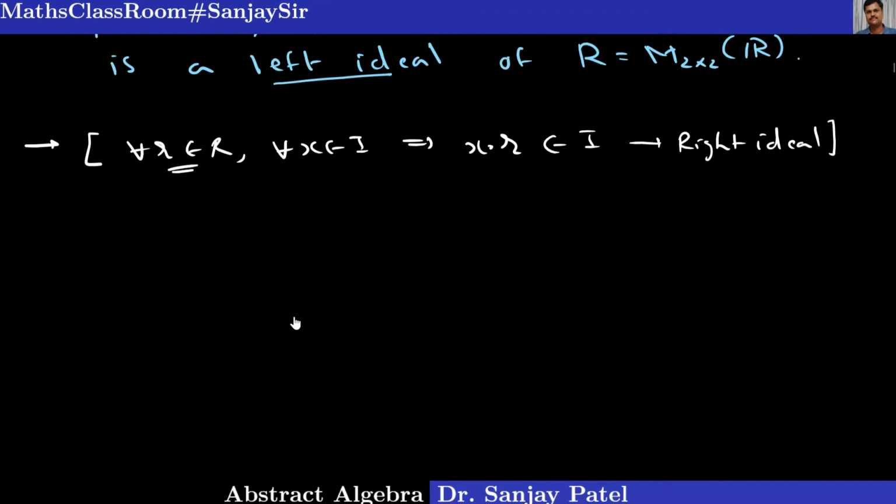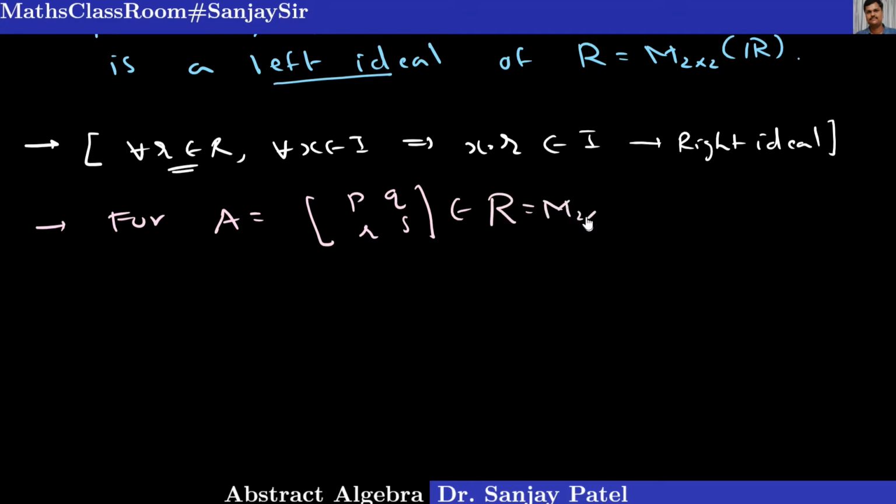So let us consider X into A. Say A is equal to PQRS, and this belongs to the ring R, or belongs to M2 cross 2 R, the ring of matrices, and say X is equal to AB00, which belongs to I, the given set.